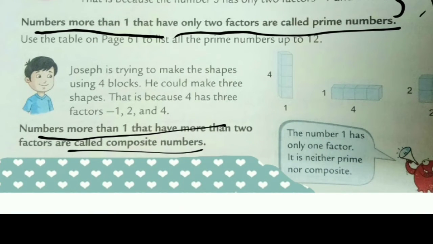What is a composite number? Having more than 2 factors. Clear? The smallest composite number is 4. So, how will we write the factors of 4? 1, 2 and 4. So, these are the factors of 4. It means 4 is the smallest composite number. Got it?